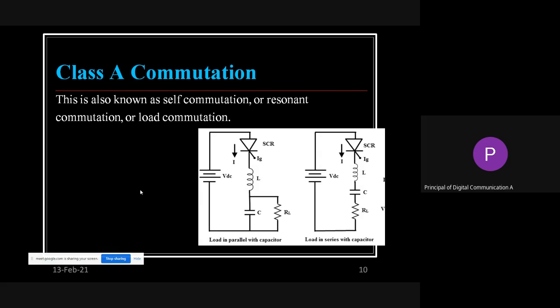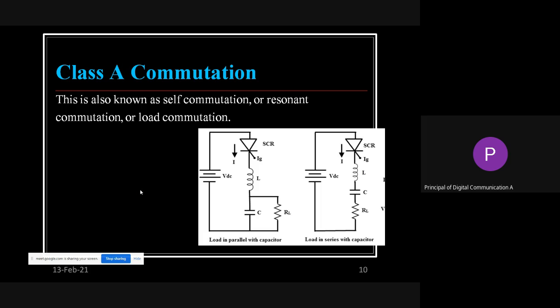So how does it work now? Working: whenever we provide the VDC, that is the input DC supply, and we make the SCR on, making the SCR on means we have to give a gate pulse. That time only this particular SCR is going to become on.